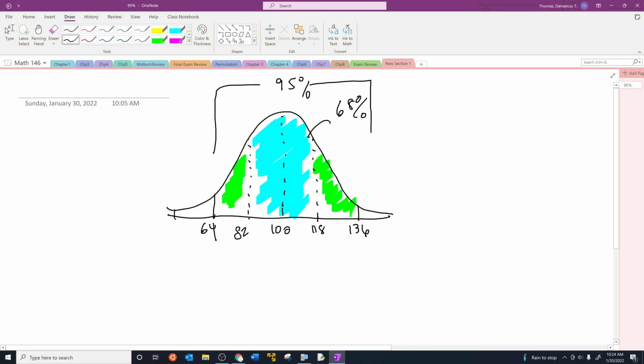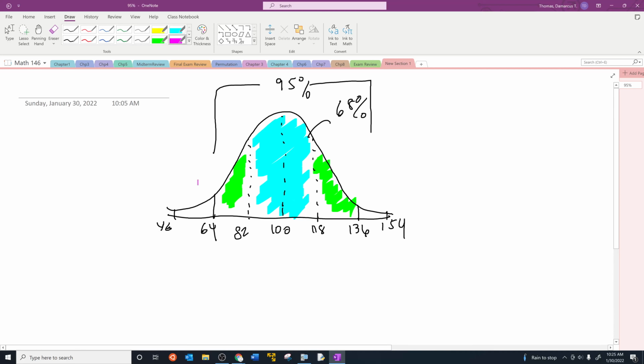And then there's even another step. That's the third step. If you go out 3 deviations above the mean, we're going to add 18 to 136. That's going to put us at 154. And if we subtract 18 from this, that's going to put us at maybe 46.